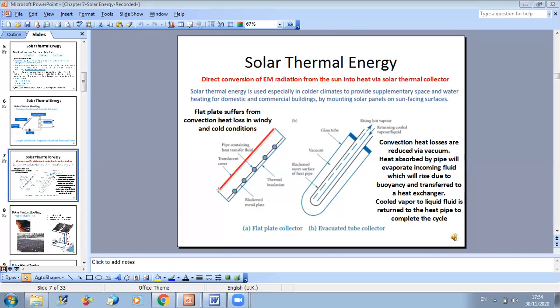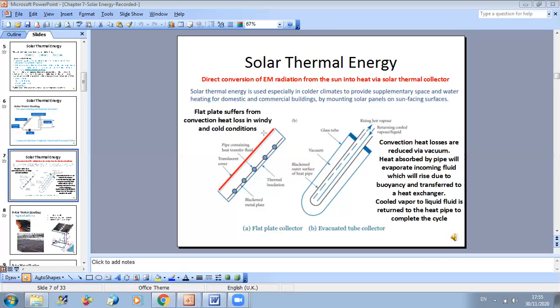The purpose of the glazing cover is to collect the energy better, and to create a closed space so as to reduce the loss of heat by convection. Because if you don't put the glazing, then your ducts will be directly exposed to air, and you know that from convection you can lose heat.